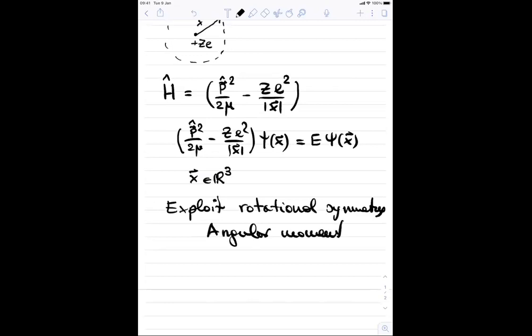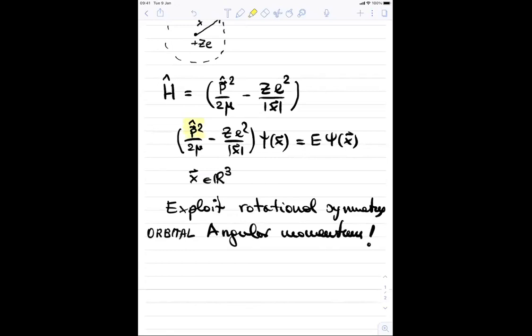You know that angular momentum is fundamentally associated to rotations. So let's see, where is angular momentum, I mean orbital angular momentum, hiding? It's in here. It's hiding here.